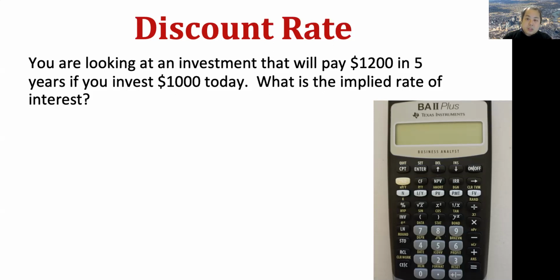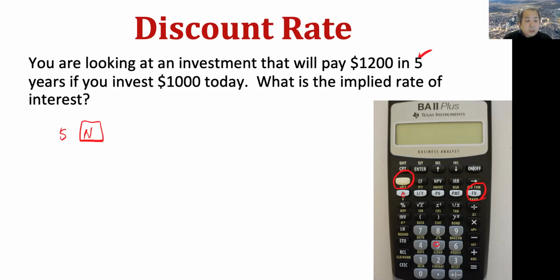So for these questions, again, to use the TVM function, second, clear TVM first, right? And then the first one is N. N is 5 years. So 5 N. Interest rate, we're going to get it.